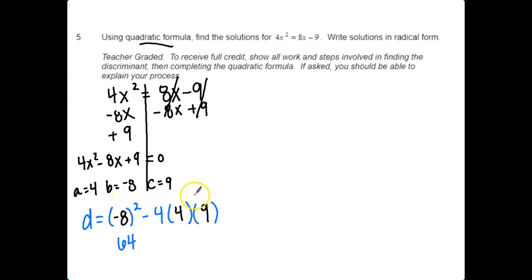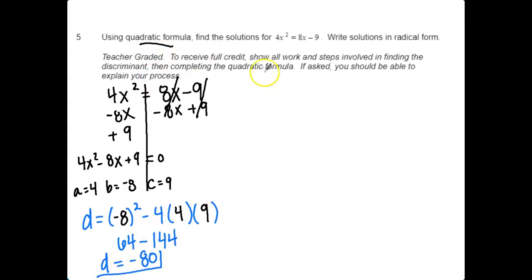Now, these numbers just happen to be very similar compared to the last problem, but make sure you're checking the signs. This is a -4, but I'm multiplying a negative number by two positive numbers, so it's going to stay negative. And we know that 4 times 4 was 16, and if you remember from the previous problem, 16 times 9 was 144. But now we're going to need to take 64 and subtract 144, and we get a discriminant that is -80.